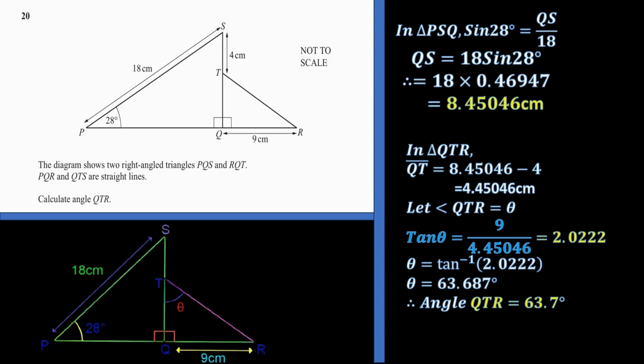Okay, so we now say tan theta is 9 over 4.45046, and that gives us 2.0222 and several other numbers behind. We just capture this one.